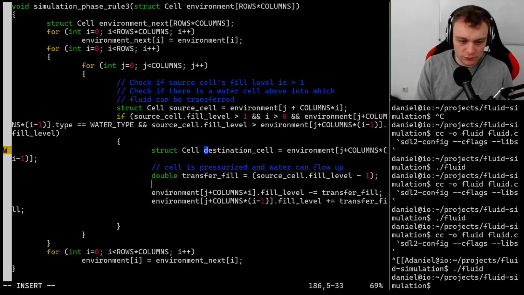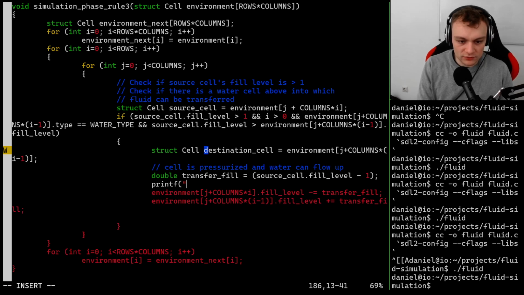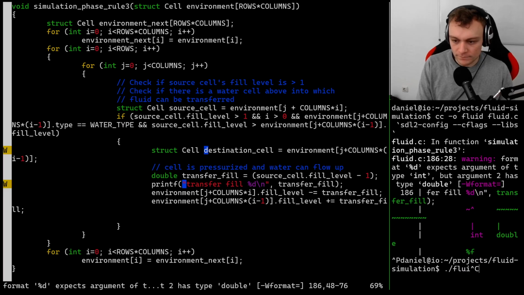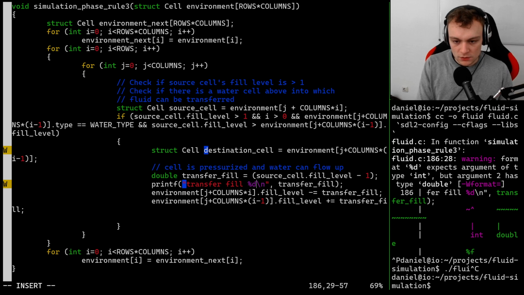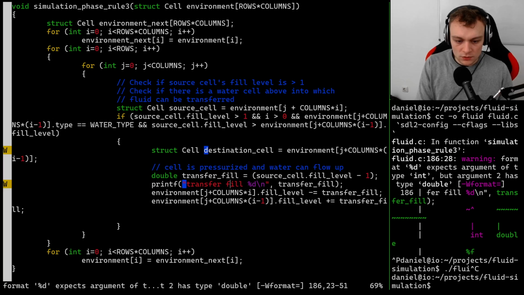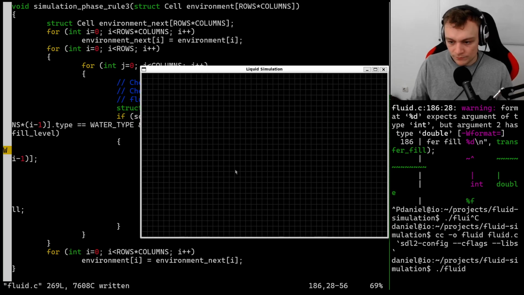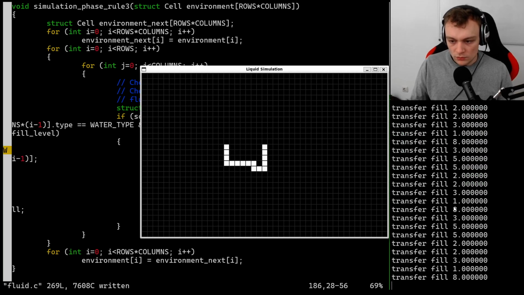Let me just put a printf in here. Printf transfer fill. Just to see that actual values are in the range where I would expect them. Okay, something's wrong there.